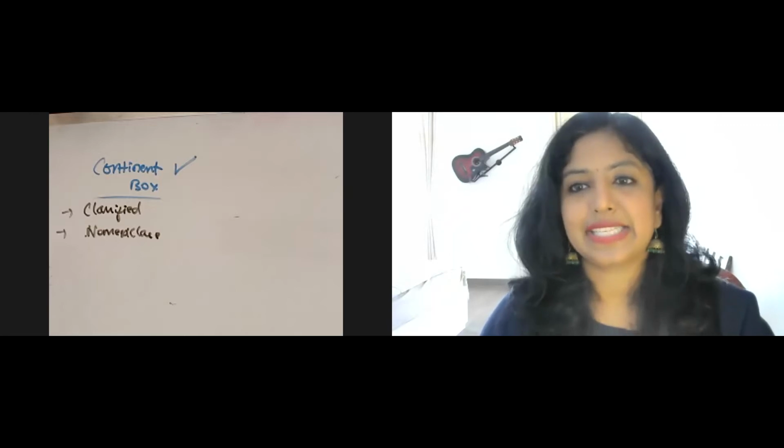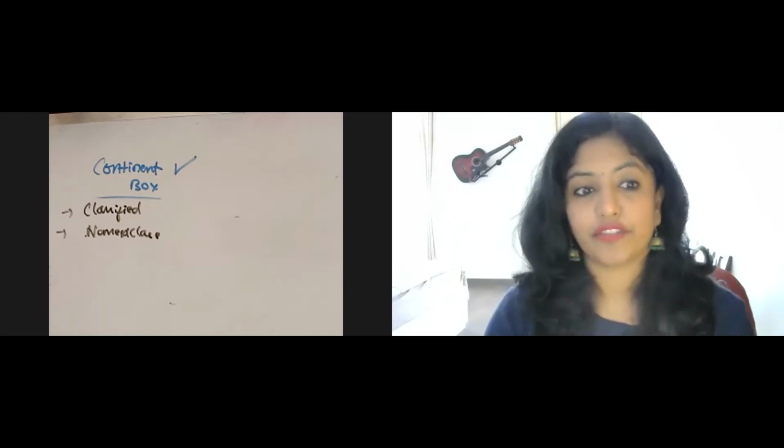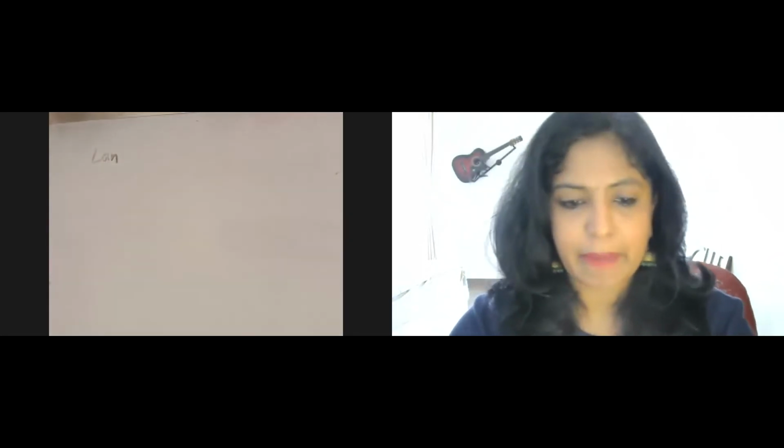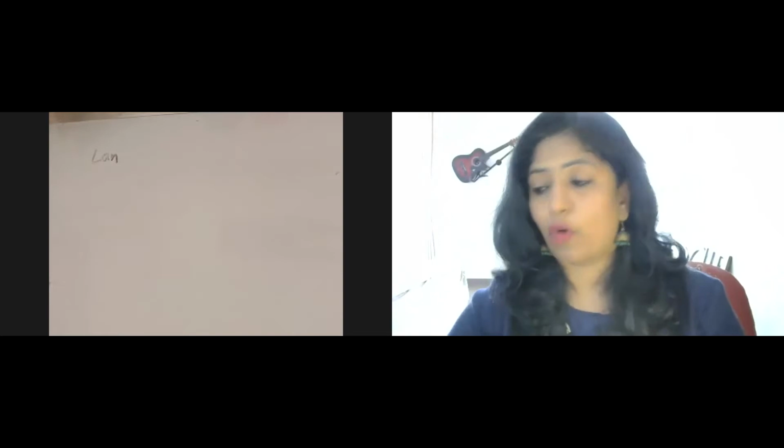Now, what next you need to introduce in your geography lessons is not only the component boxes, but also what I could call sorting boxes and things like that. So far we have only learned about land and water, correct?